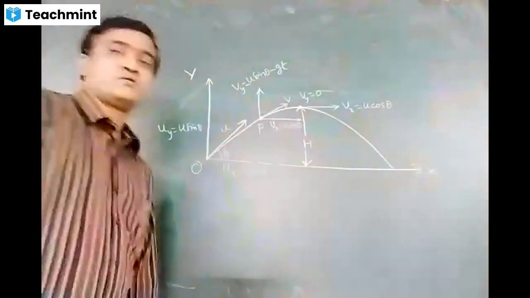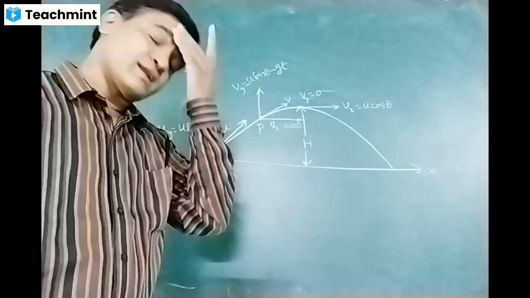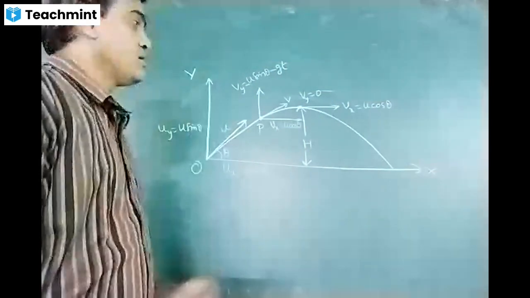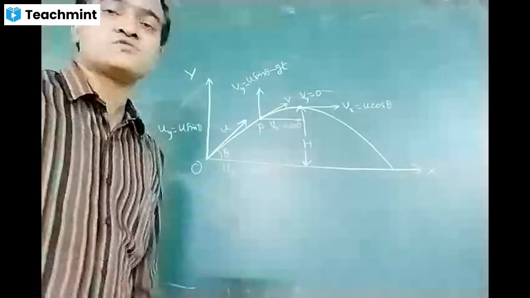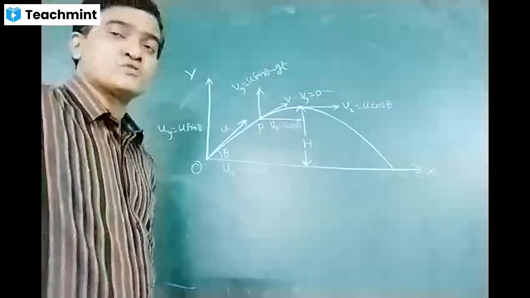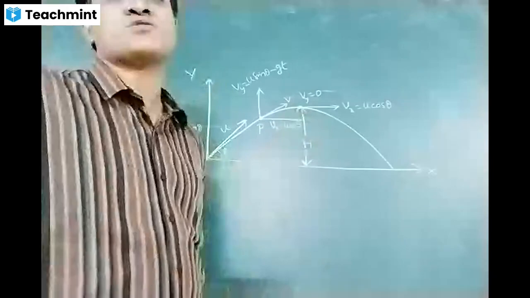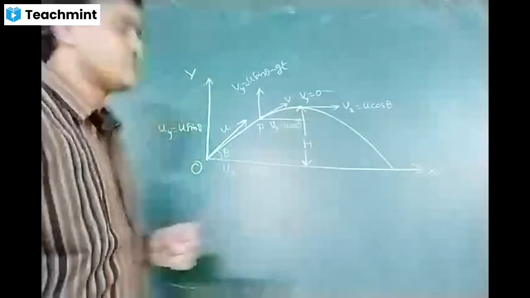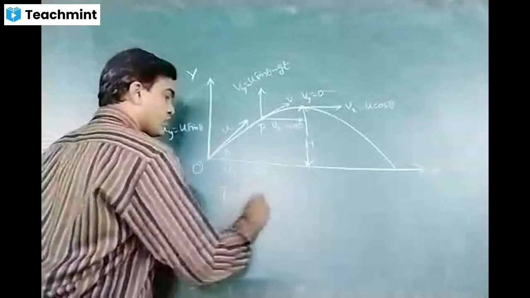So we need to define time of descent and we need to calculate the formula for time of descent. Let's see what we will get. Now, as I said, when I define time of descent, I am using the word maximum height, because time taken by a projectile to reach the ground from maximum height is called time of descent.